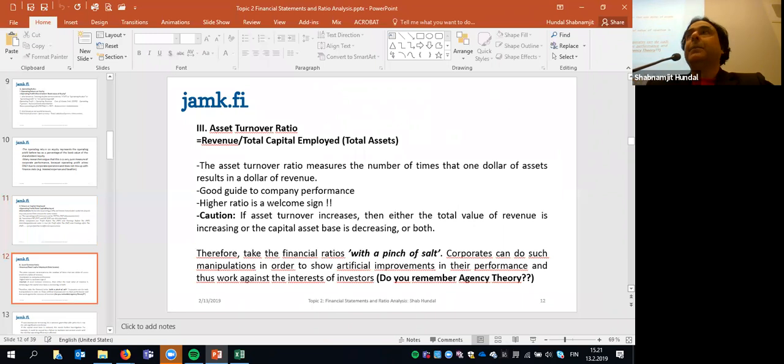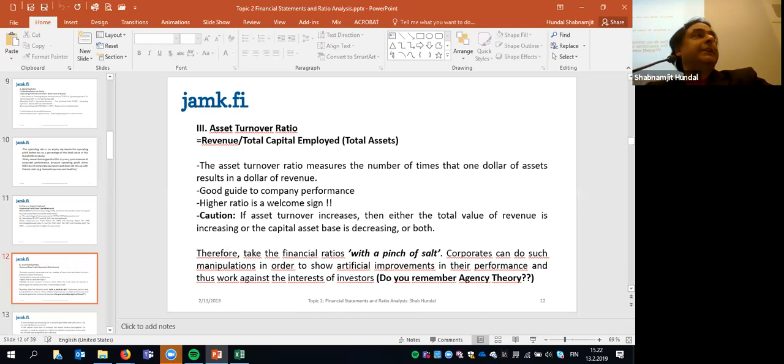So for example, if your revenue divided by total capital is 0.20, it means that you must earn the revenue 5 times so that you are able to recover the cost of your investment.